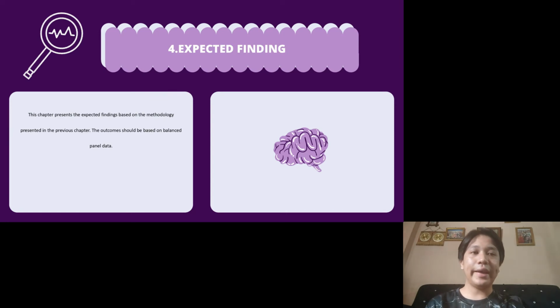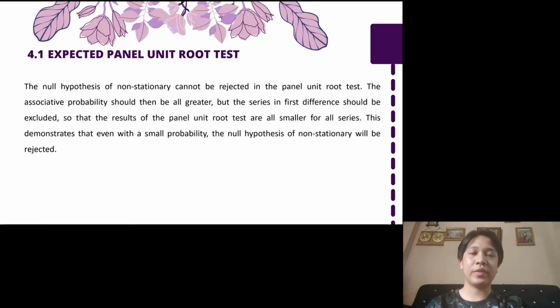Chapter 4. Expected finding. Expected finding for panel unit root test. By using that panel unit root test, the result should be that the null hypothesis of non-stationary cannot be rejected in the panel unit root test since we include a panel time series approach.